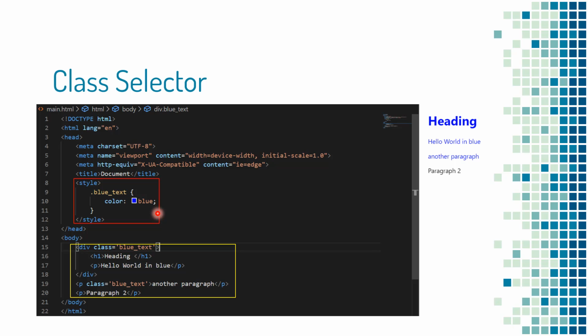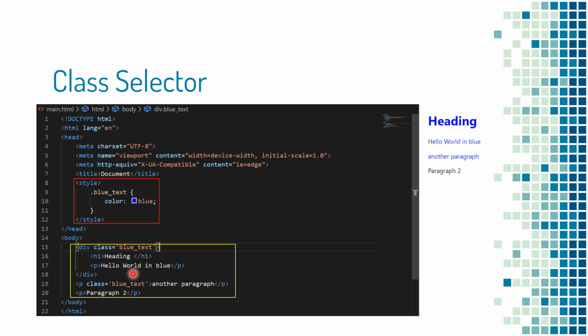So how do we write a class selector? Usually you start the name with a dot. Here, the class selector is dot blue text. To do the binding between this style and the tag, we should specify the class blue text. As you can see, it's the same thing but without the first dot.